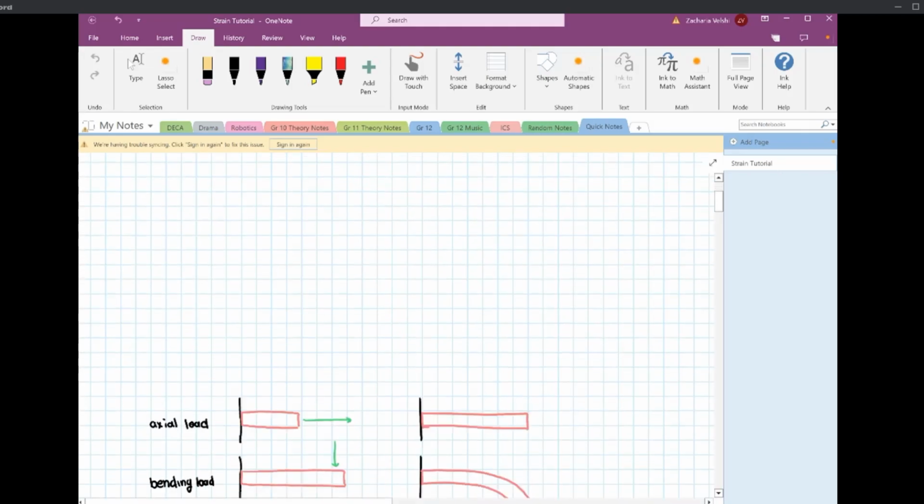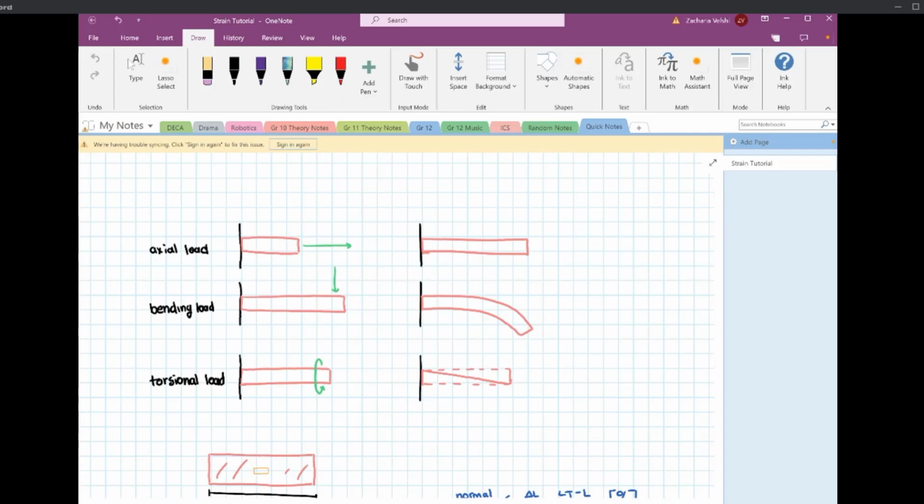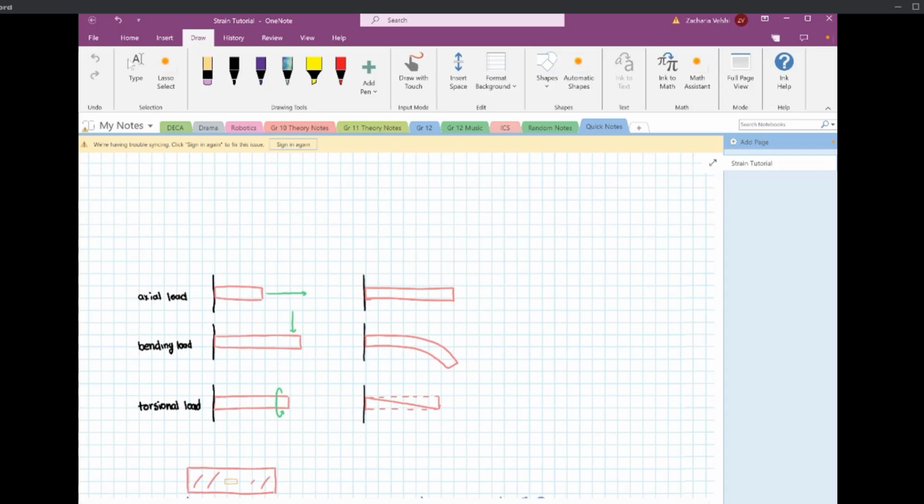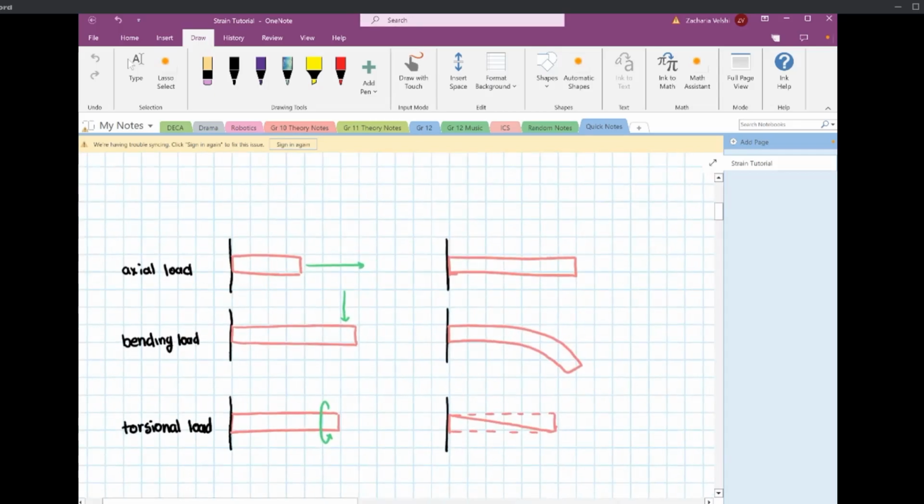Because most people in here are probably non-mech, I don't know what exposure you've had to this kind of stuff, but there are three types of loads that can be applied to a member. You have your axial load, where you have a force being applied in the same direction as the direction that it's fixed on, and that causes the member to be elongated. It just gets a little longer.